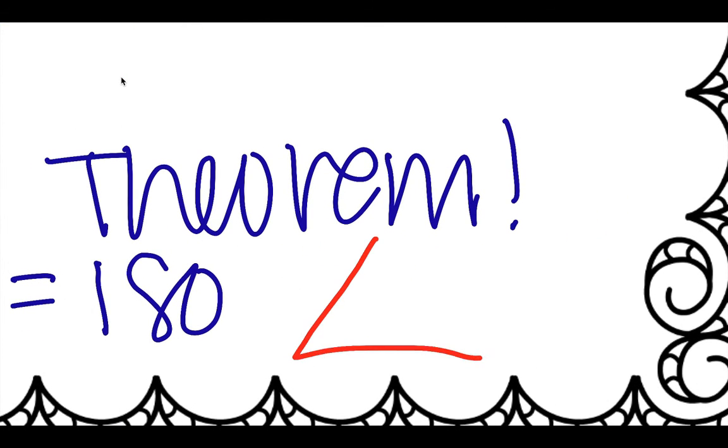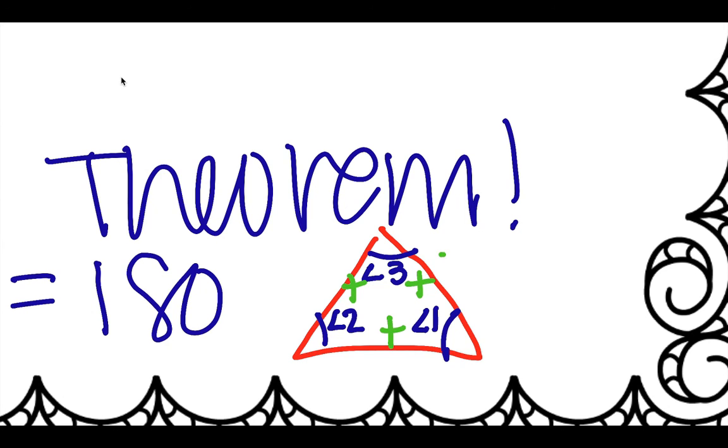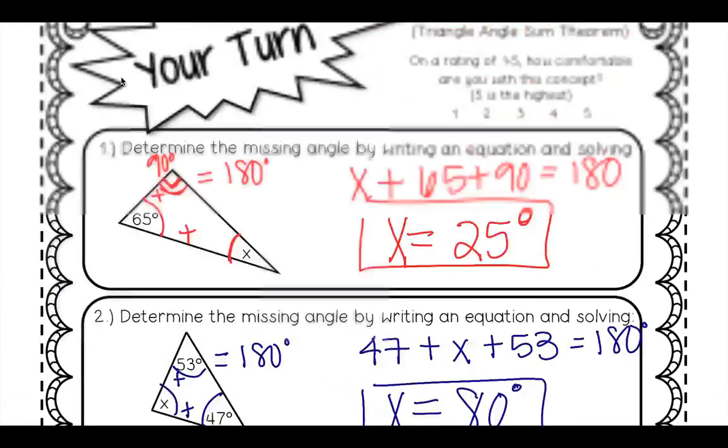So if I drew a triangle, I would draw, oops, let's get a different color, angle 1, angle 2, and angle 3. Then I'm just going to add them all up, right? And they all equal 180 degrees. That's what we learned today.